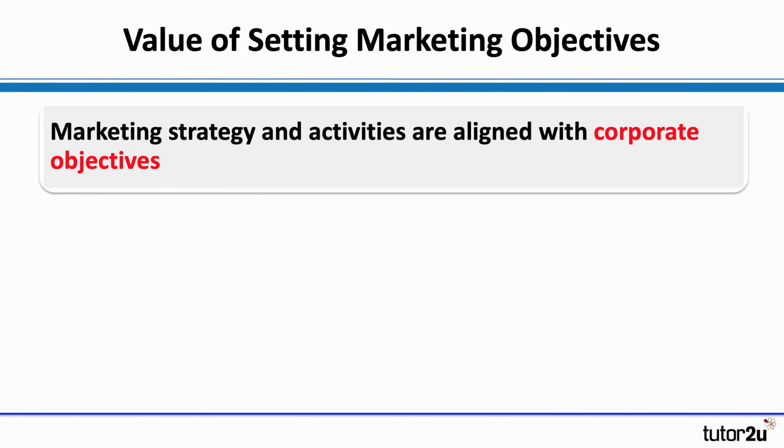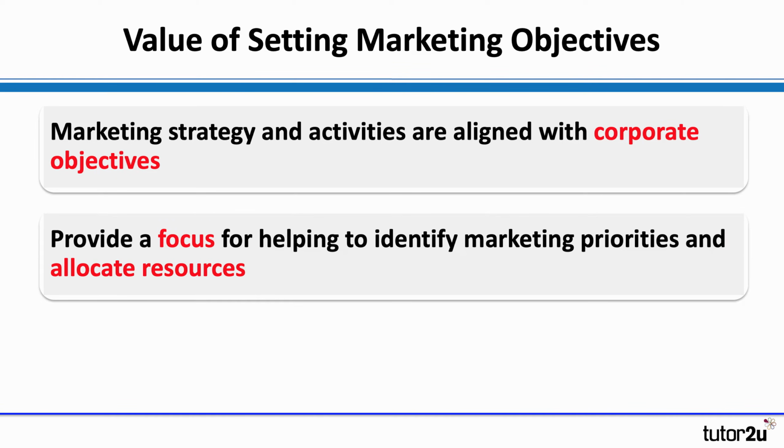Not the least being, as we know with other functional areas, that by having a set of sensible, realistic, relevant marketing objectives, it means that your marketing strategy, your marketing activities should be aligned with the overall objectives of the business, the corporate objectives. And as we've seen just before there, marketing objectives are often very similar to, if not the same as, some of the corporate objectives, particularly in relation to things like market share. And of course, therefore, these objectives should help you focus.